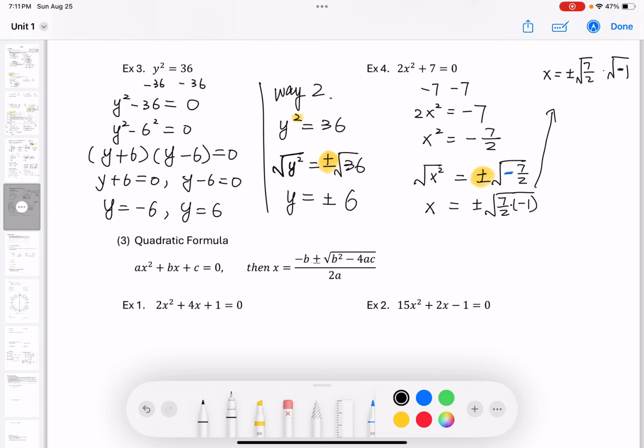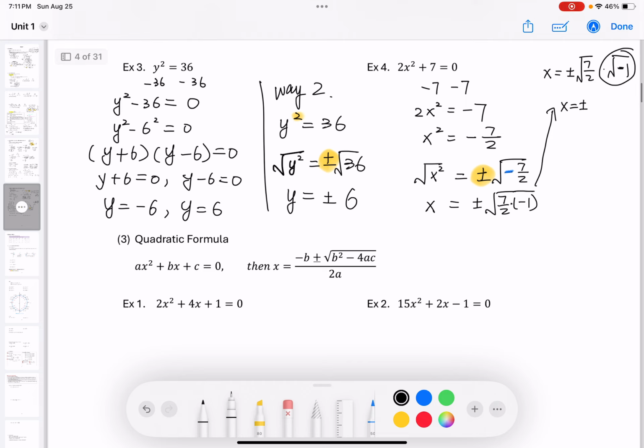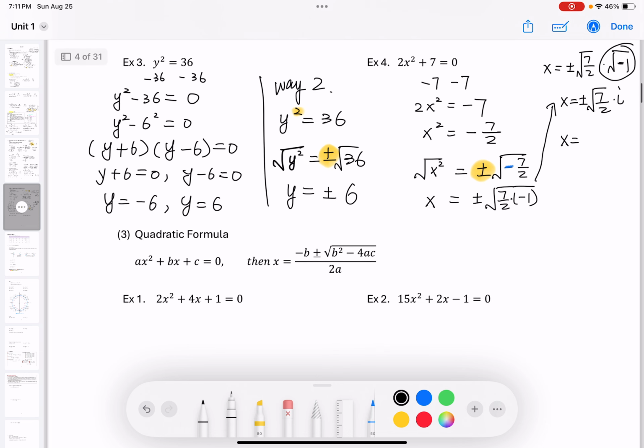We separate the two factors. And this part is the i number. So x is equal to plus or minus square root of 7 over 2 times i. We replace the square root of negative 1 with i. Now my solution. I give you full credit if you get this solution. But some of the math people, we are picky.